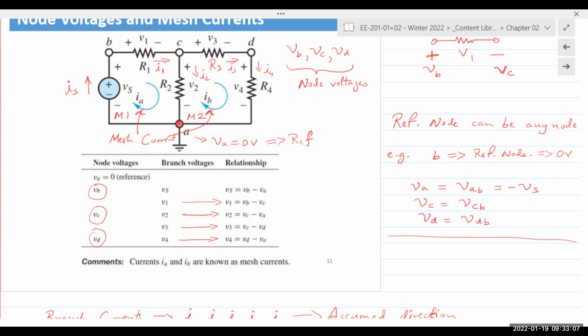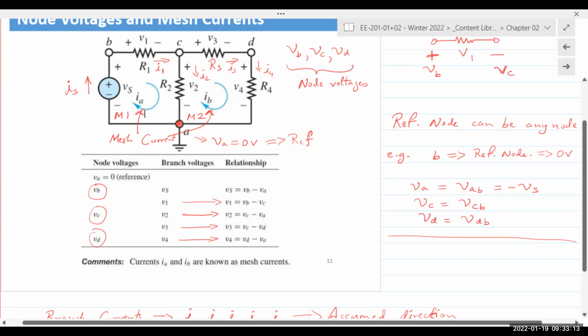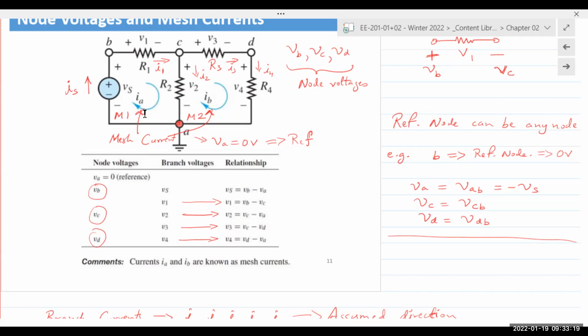Once we make an assumption at the beginning of our analysis, we stick with it. We do not change our assumptions halfway through our problem. Does that make sense to everyone? Yes. So that is what I mean when I say, as long as you're consistent within your analysis. You assume a direction at the beginning, and then you stick with it till the end. And then you get the correct equations, and you'll have the right answer at the end.